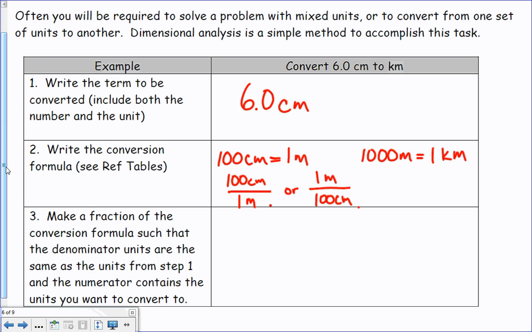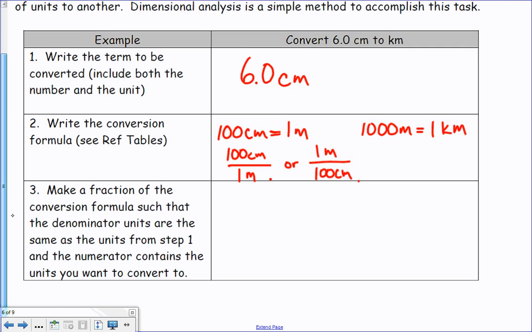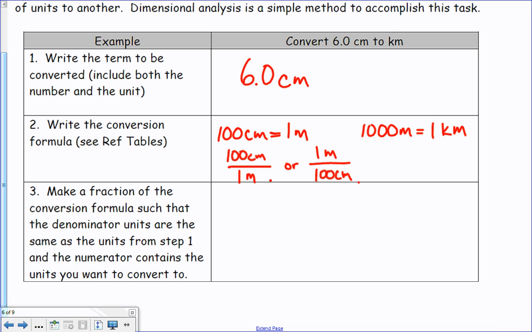Step 3 is going to help us. It says make a fraction, which we just did. So here, I have 100 centimeters over 1 meter, or 1 meter over 100 centimeters. Sorry, you'll find I like to jump ahead. Just my instincts.